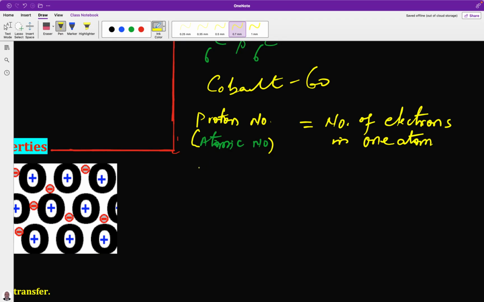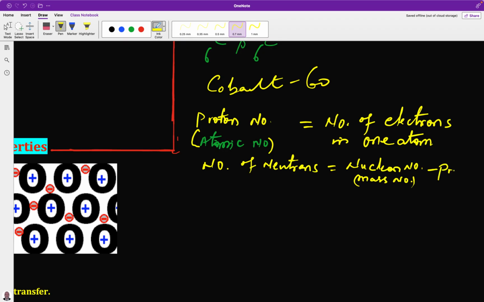The number of neutrons is equal to the nuclear number, or what we call the mass number, minus the number of protons.